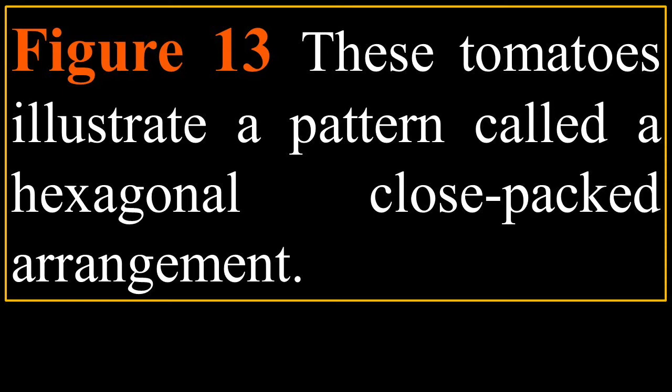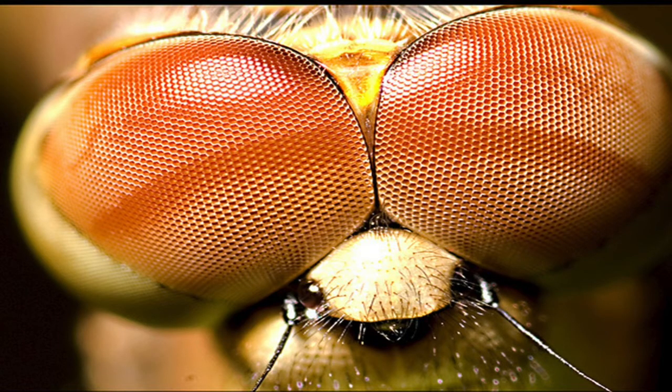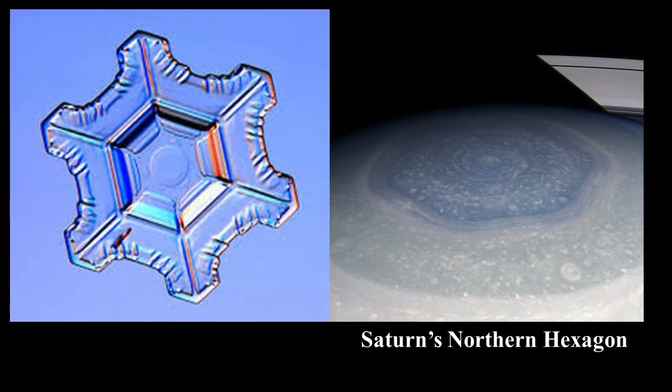Compounds use it, snowflakes use it, things that are stacked on a shelf in a grocery store use it. It's used in beehives. You'll see it in insect eyes. Kind of weird looking, isn't it? A little scary. Looks like something out of a sci-fi picture. You have Saturn's northern hexagon.